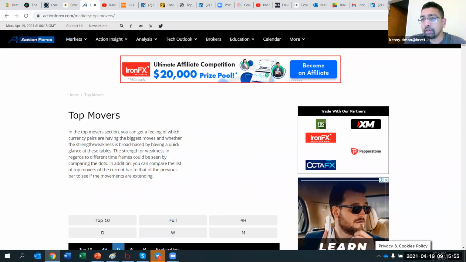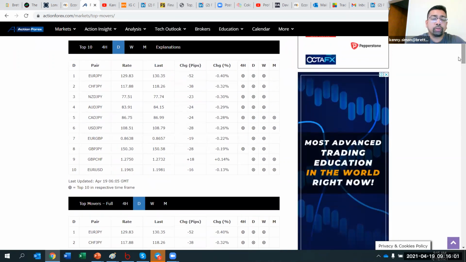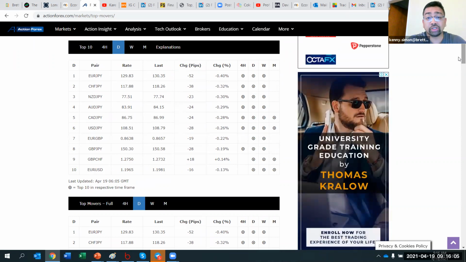Okay, so now let me just go into the top 10 movers right here. Now, on the top 10 movers on Action Forex, it's quite an interesting tool. You can actually have a bit of a bird's eye view on the top 10 currencies that are focused on by the majority of the traders and investors.